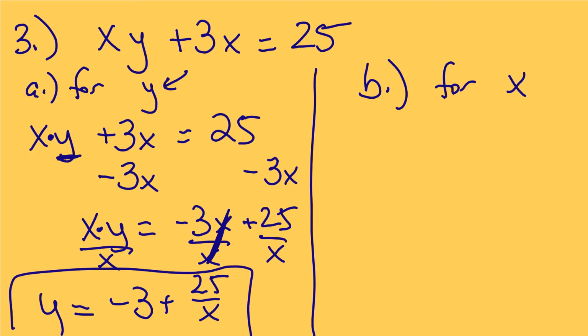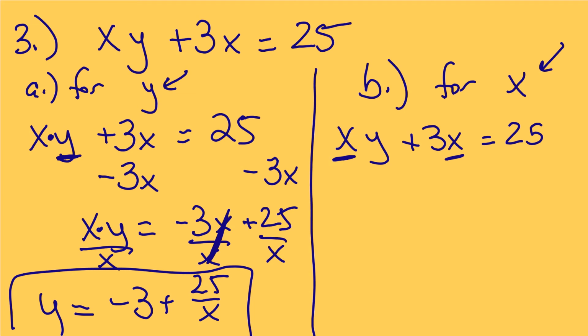Now, b is where it gets tricky, because I have xy plus 3x equals 25. Now, the x is what's important. And look, there's 2 of them, so I'm in trouble. So I have to think, if I looked at this, could I figure out who was the pizza delivery guy? The pizza's already been delivered.